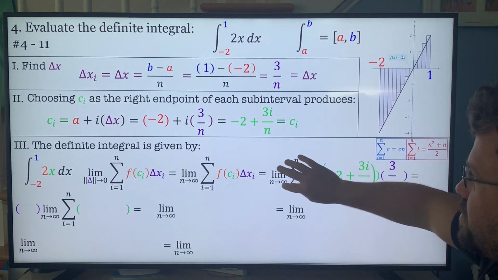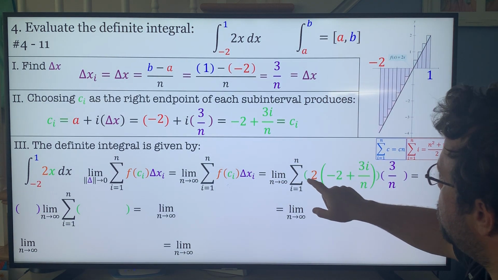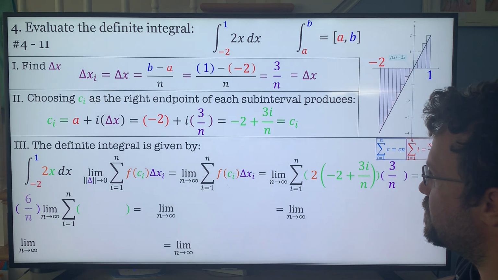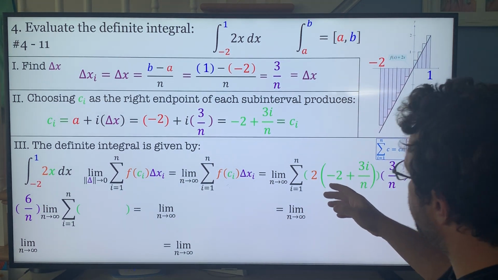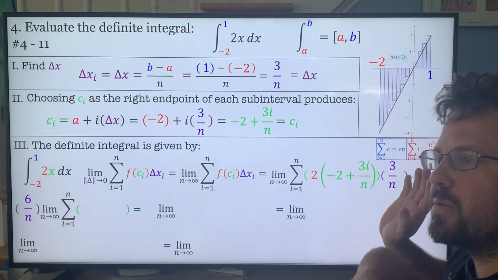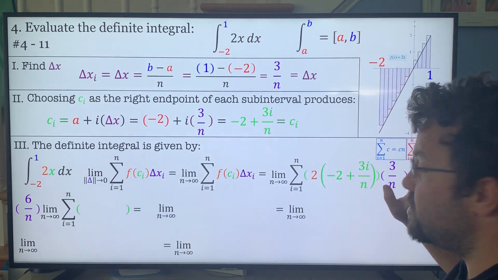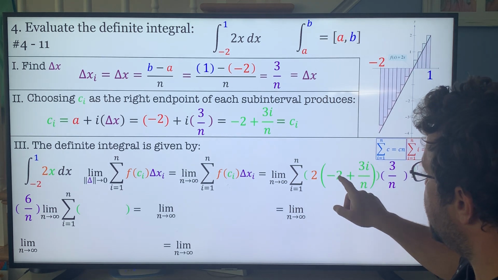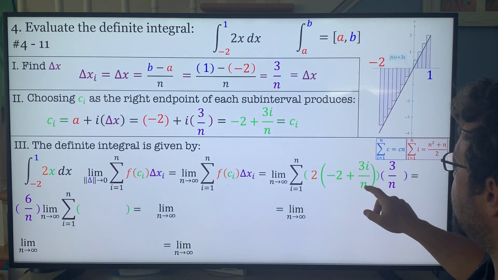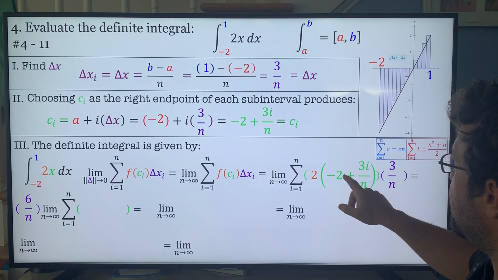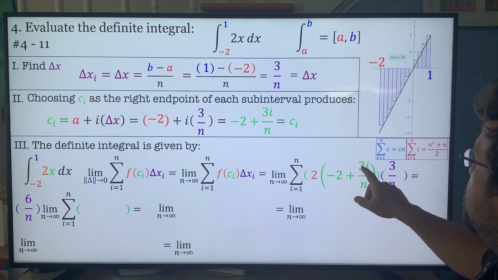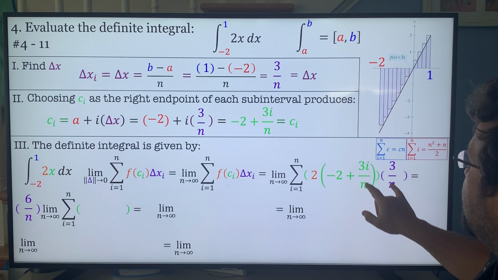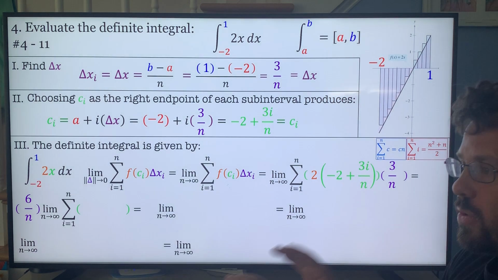Now, you expand. Distribute the 2 in. And what we're also going to be doing is pulling everything out. There are 2 ways you could do this. One way is to make this negative 4 plus 6i over n, then multiply this and make that negative 12 over n plus 2 times 9, 18i over n squared, and then pull them out.